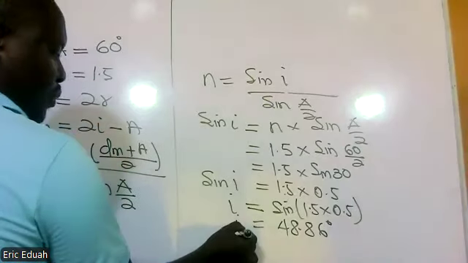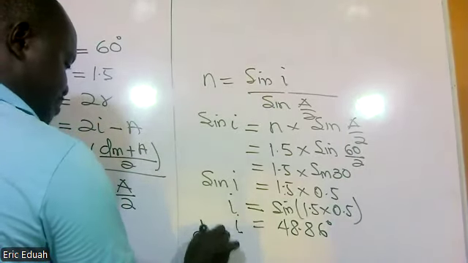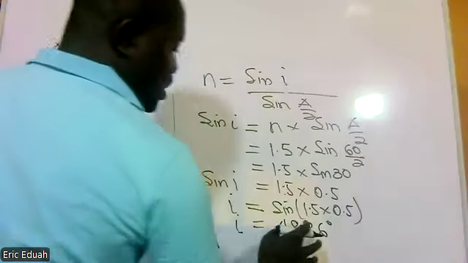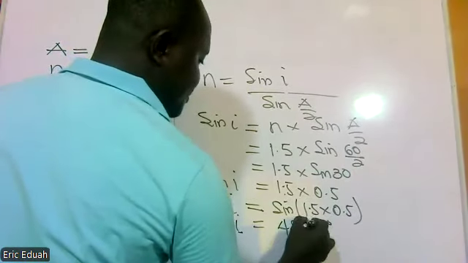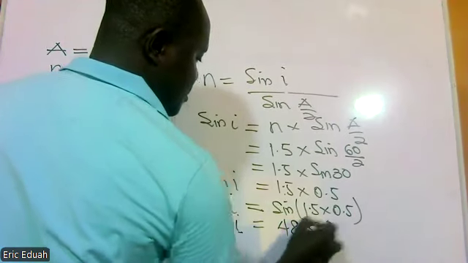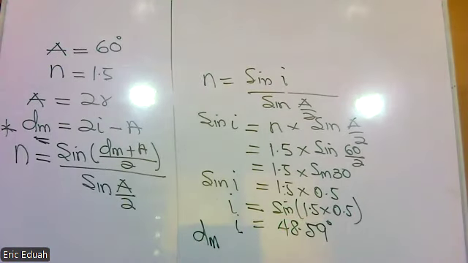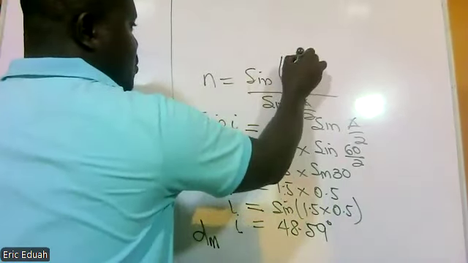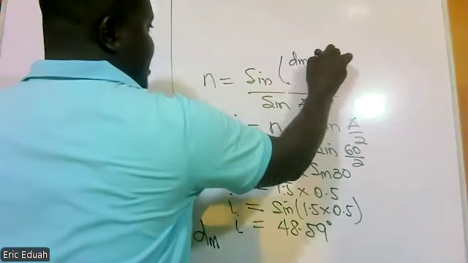Now, knowing I and dm, I'm asked to find what? I. Yes, then we have it. We have I, rather 48.59 degrees. Now, you see, I was saying that this is also equal to (dm plus A) on 2.